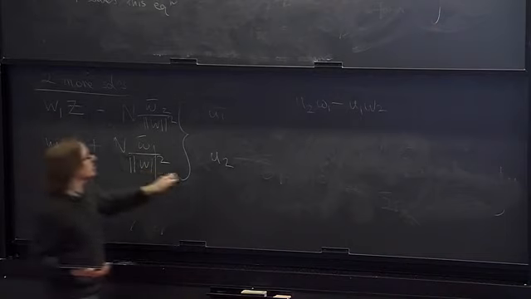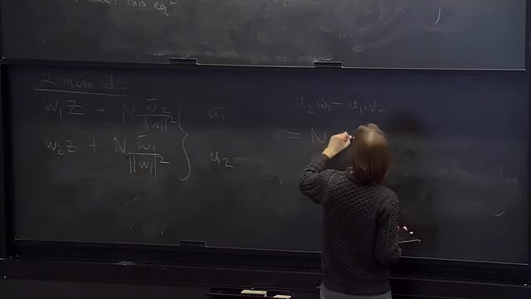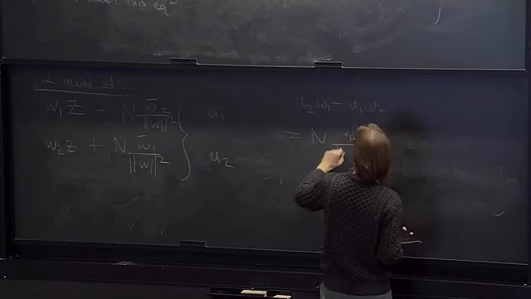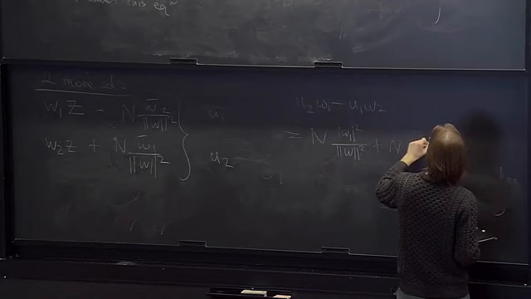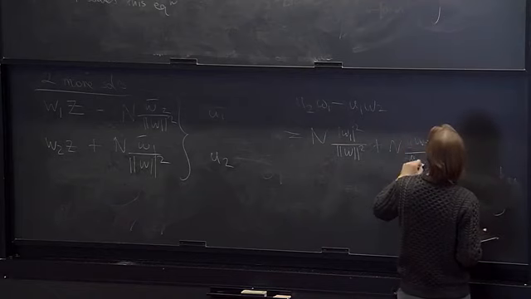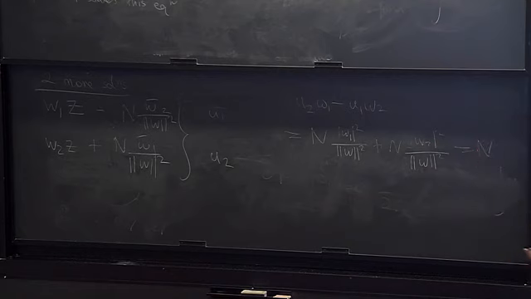But here I'll get N W1 squared over W squared plus N W2 squared over W squared. So that's N. So these guys satisfy the relations to define this manifold.